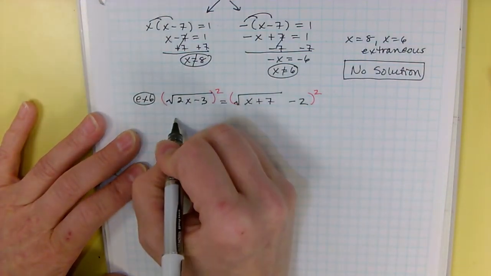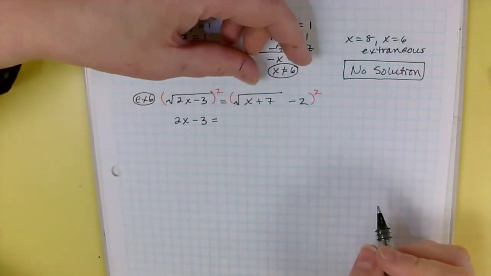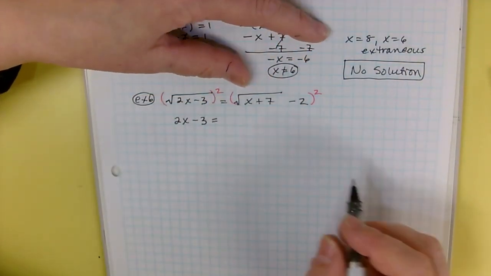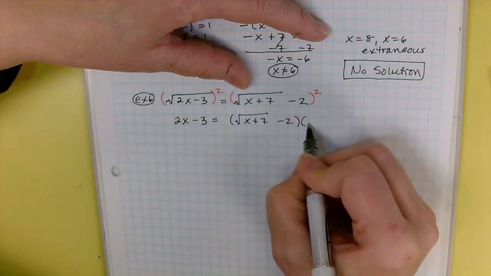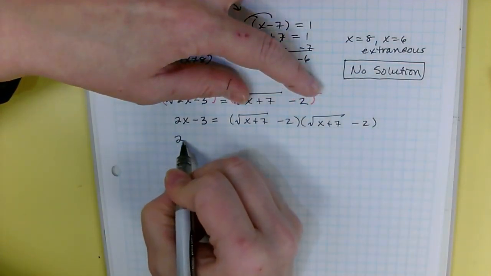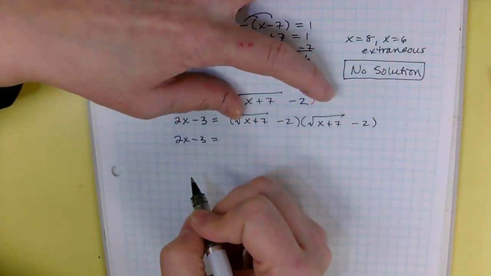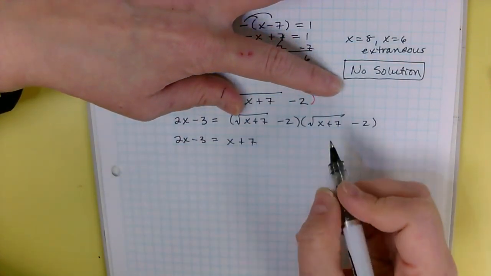2x minus 3 is 1 comes out, equals, okay, and this is being multiplied. Radical x plus 7 minus 2, radical x plus 7 minus 2. So radical x plus 7 times radical x plus 7 is x plus 7.